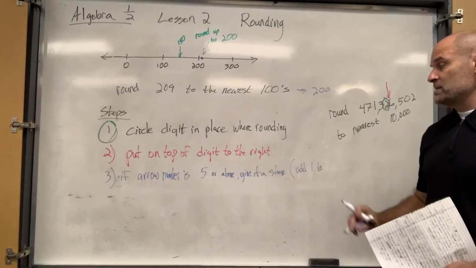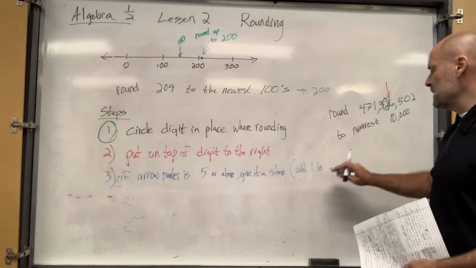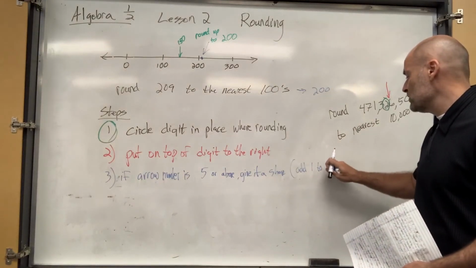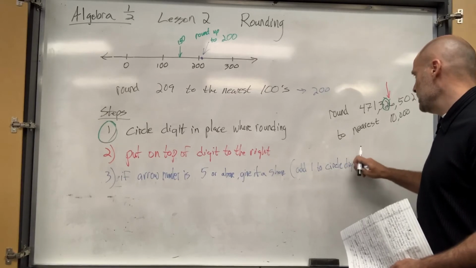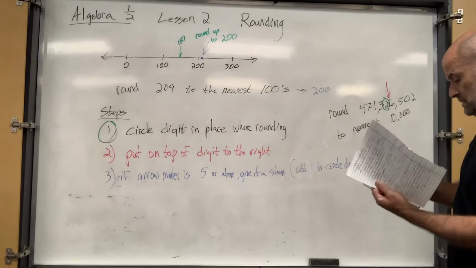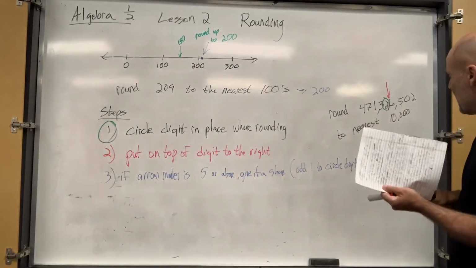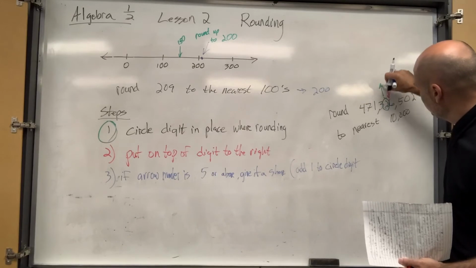If arrow number is 5 or above, we're going to give it a shove. We're going to add 1 to the circle digit. So 6 is 5 or above. So we are going to add 1 to that 2 and make it a 3.